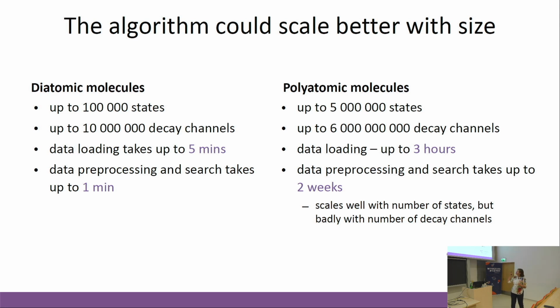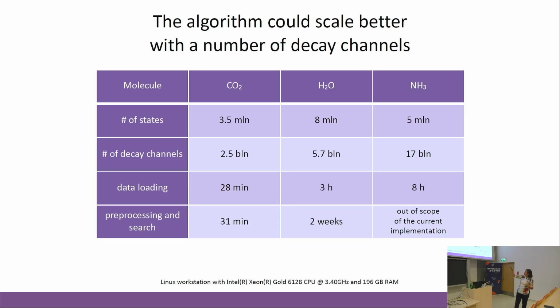And when it comes to scaling, why it's so difficult is actually not the number of states, it's the number of decay channels that messes up the computations. And you can see it here. Those are the largest molecules we tried to tackle. CO2 is 1 hour, which is, I think, still fine. With water, you increase the number of decay channels by 2, and your preprocessing and search increases from half an hour to 2 weeks.